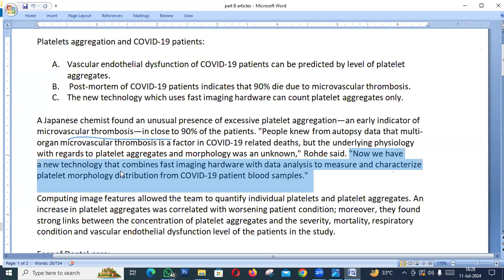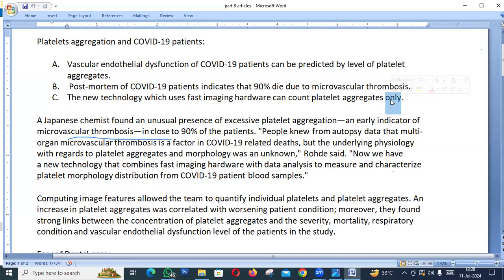When I say only, if you remove only, then the answer is correct, because it can count platelet aggregates, but at the same time, it can also give information about shape. So if I use only, it is wrong, okay?